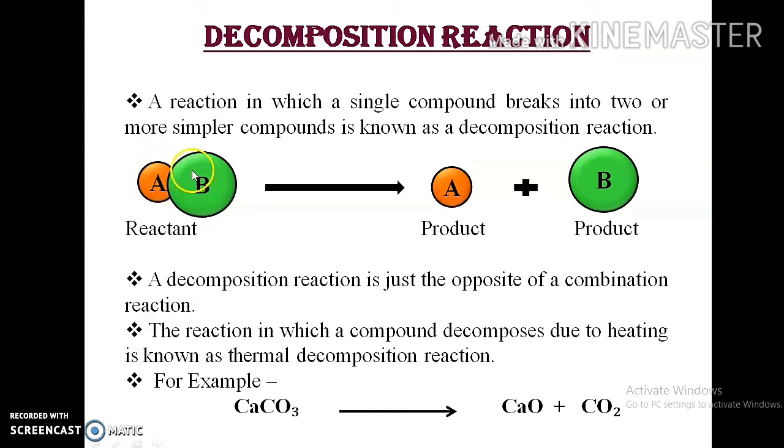When it reacts, it breaks down: A is one product and B is another product. So decomposition means to break down. A decomposition reaction is just the opposite of the combination reaction.